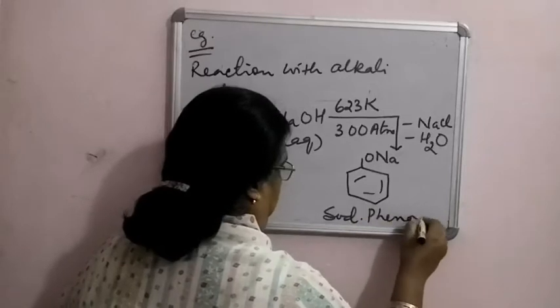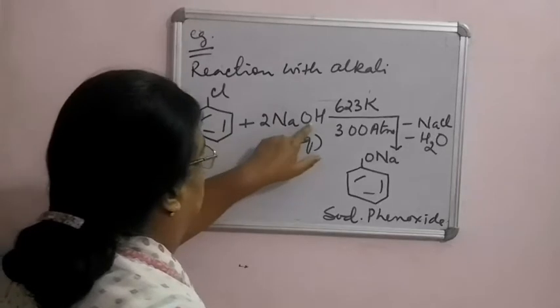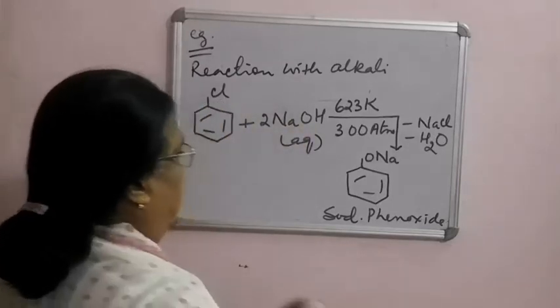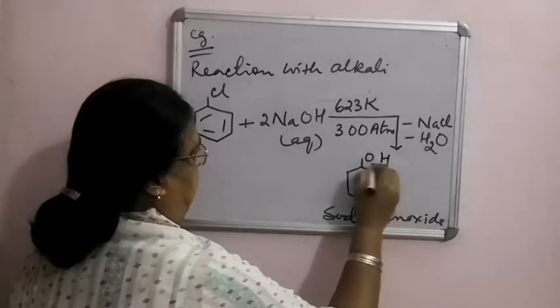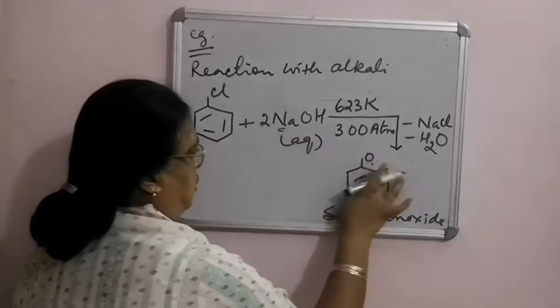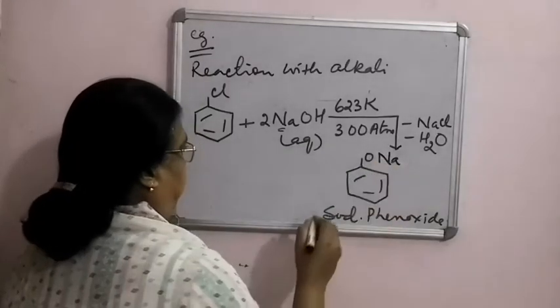sodium phenoxide. Here you may think that NaCl is out and this OH will replace the chloro group, but actually when H is replaced here and this alkaline group comes in contact with sodium, this proton can easily react with this and we get sodium phenoxide.